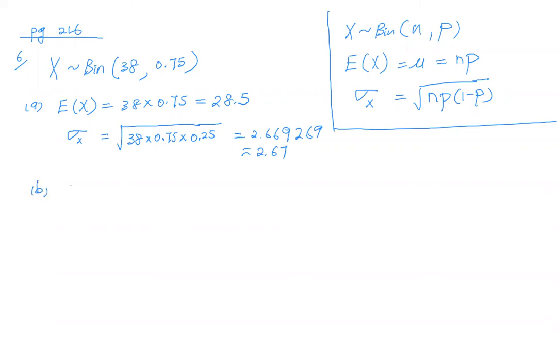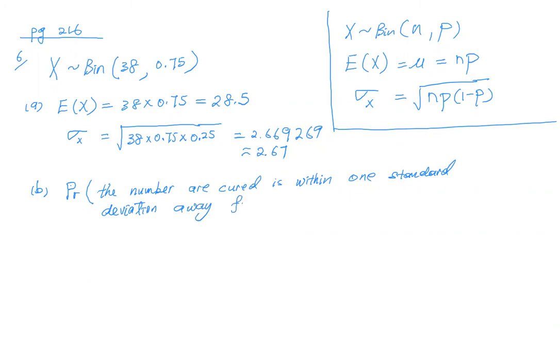Part B, they are asking you to find the probability that the number cured is within one standard deviation away from the mean.